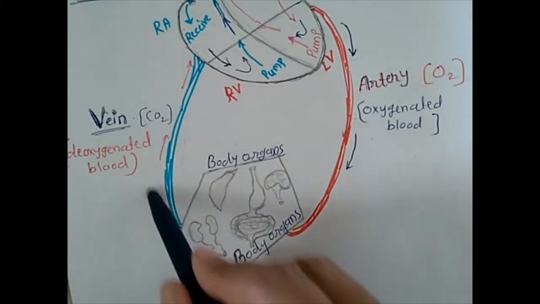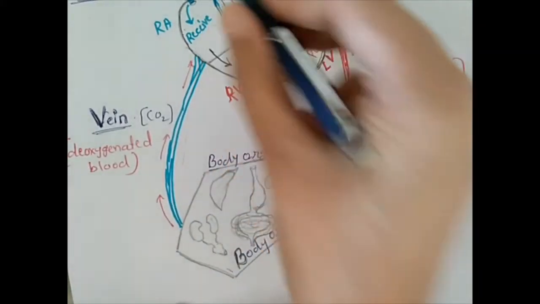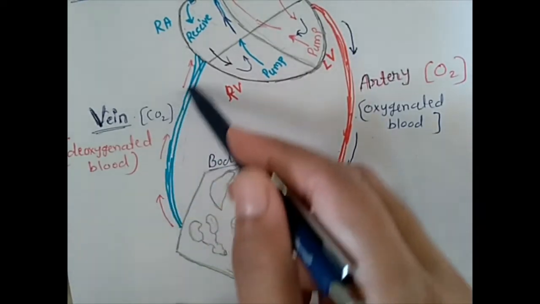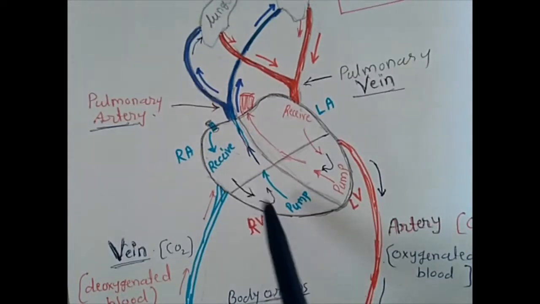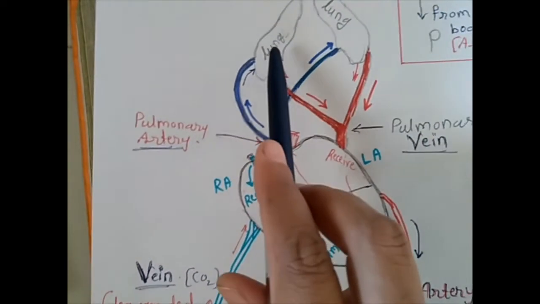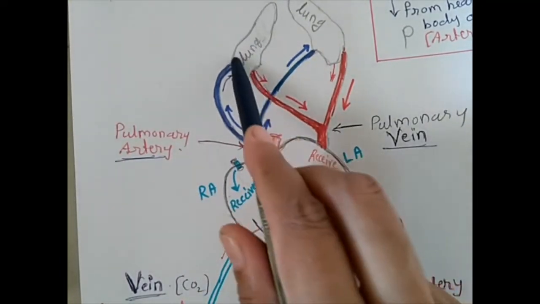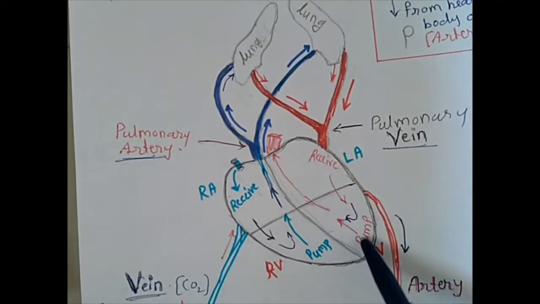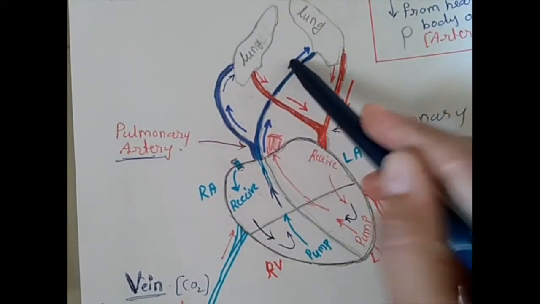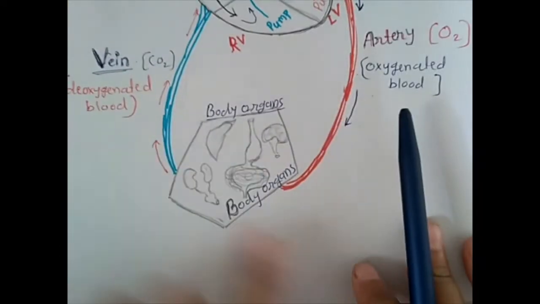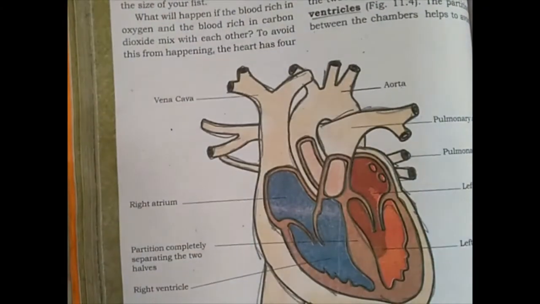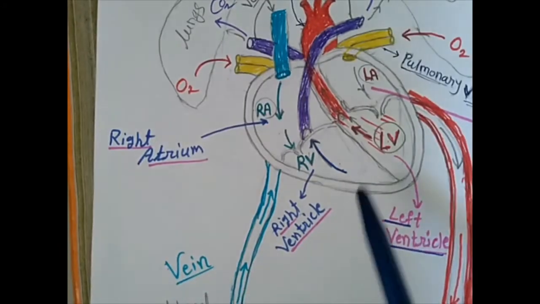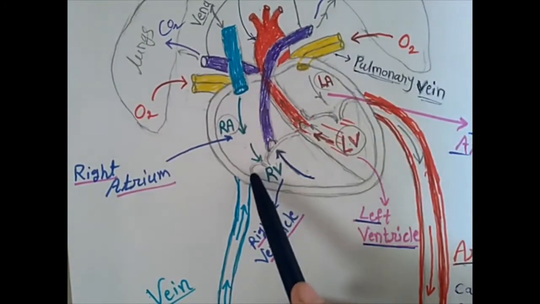First of all, deoxygenated blood goes from our body organs towards the heart, from the heart towards the lungs to take oxygen. After taking oxygen, again it is received by the heart, and again it gets pumped out from the heart towards the body organs.